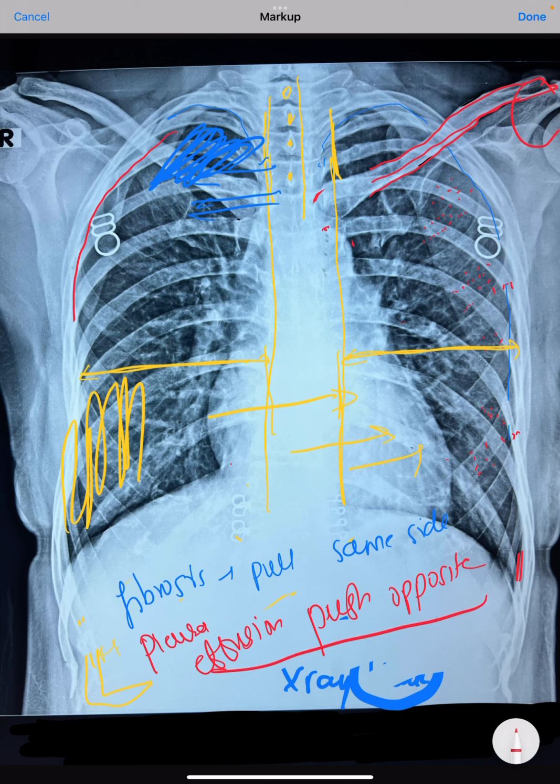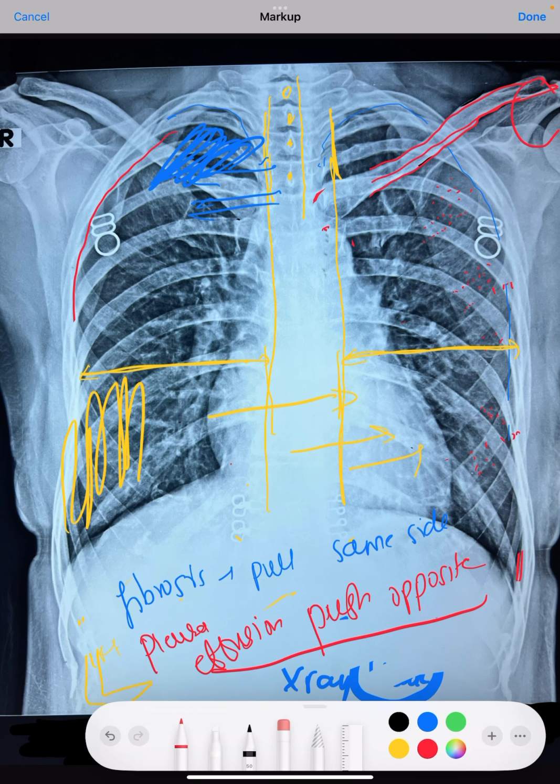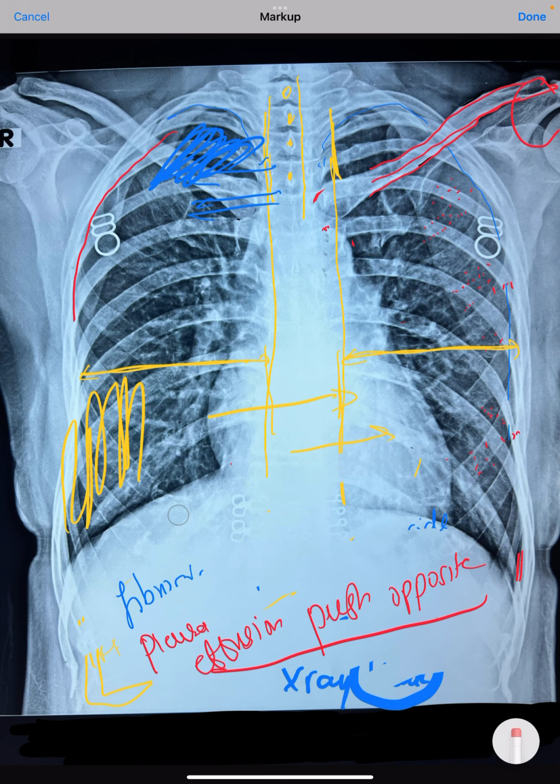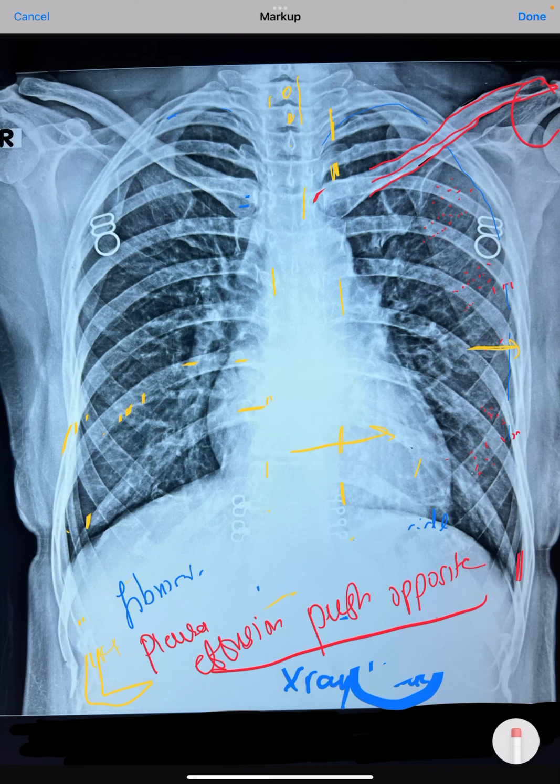I have put so many other videos, you can watch them as well to see what I'm exactly talking about. So in this case, the mediastinum is in the midline. There is no pulling or no pushing. It means there is no pleural effusion. There is no significant fibrosis.